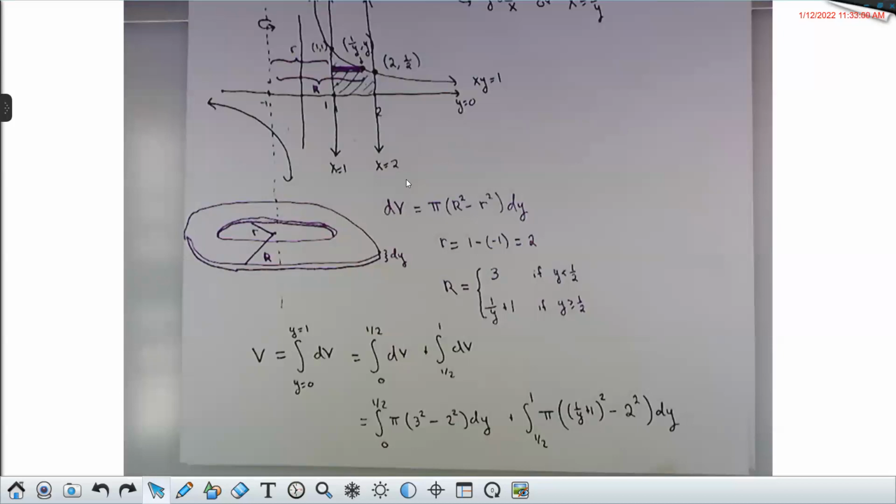So take a second, make sure you have on your paper everything I have here. Make sure it's correct. All right, in a second, we will solve both of these integrals.